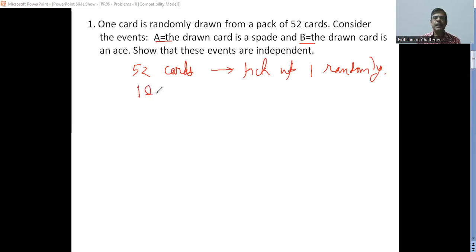So sample space size is 52. Number of favorable outcomes for the event A is 13 because there are 13 spades. That means probability of A equal to 13 by 52 equal to 1 by 4.